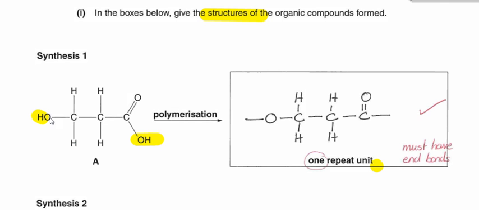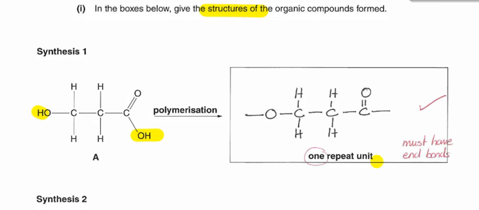And if you take that H off and that OH off, that gives you your repeat unit. Of course, if you had two of these, then the OH from this end of the molecule would bond with the C=O from the other end in a row.